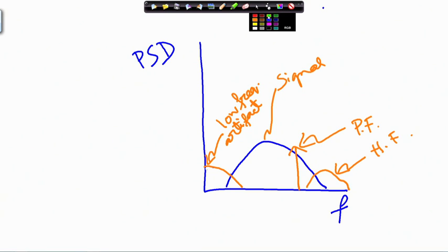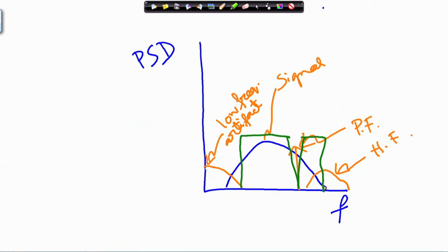Now, if we try to have a filter for it, we can draw a filter like this: we take a uniform characteristic, then to avoid the hum we can have a notch, and then it can be again uniform.